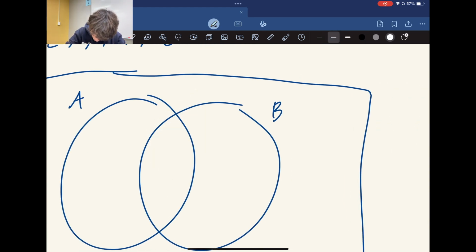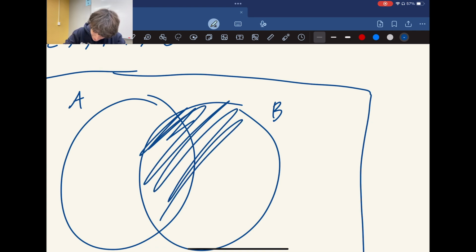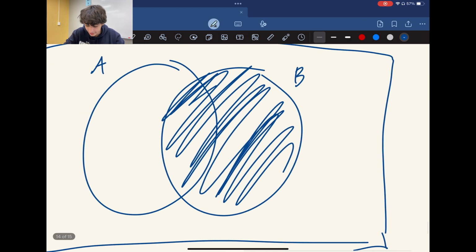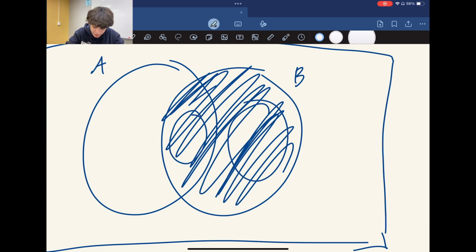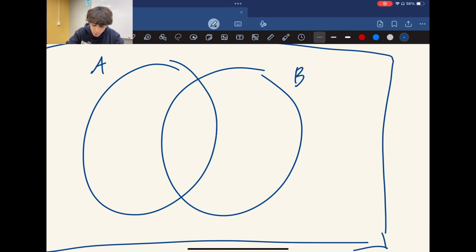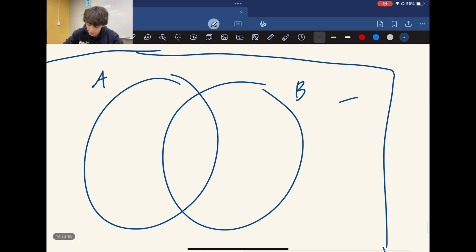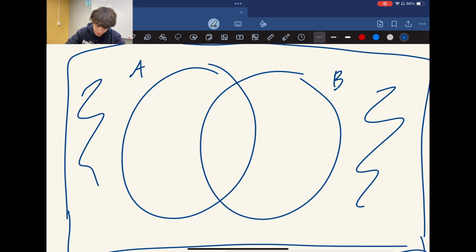Oh, what the heck did I just draw? Okay. Similar logic is applied here. Any element in set B, which we have defined as 1, 2, 3, 4, 5, and 6, is going to be in the just B section or the intersection of A and B. And then we do have some elements that were not present in either set, but are still in the sample space, and you're going to find them somewhere out here.